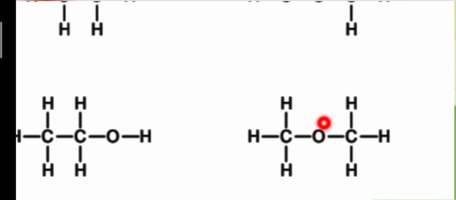Oxygen is present in the center and this oxygen is directly bonded with 2 carbon atoms, while the carbon atom forms 3 bonds with 3 hydrogen atoms. The second carbon atom also forms 3 bonds with 3 hydrogen atoms, carbon-hydrogen single bond, carbon-hydrogen single bond and carbon-hydrogen single bond.